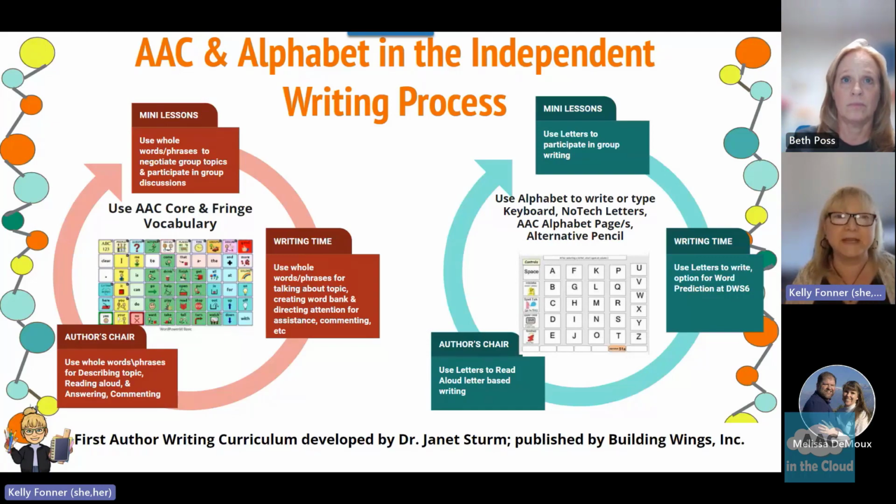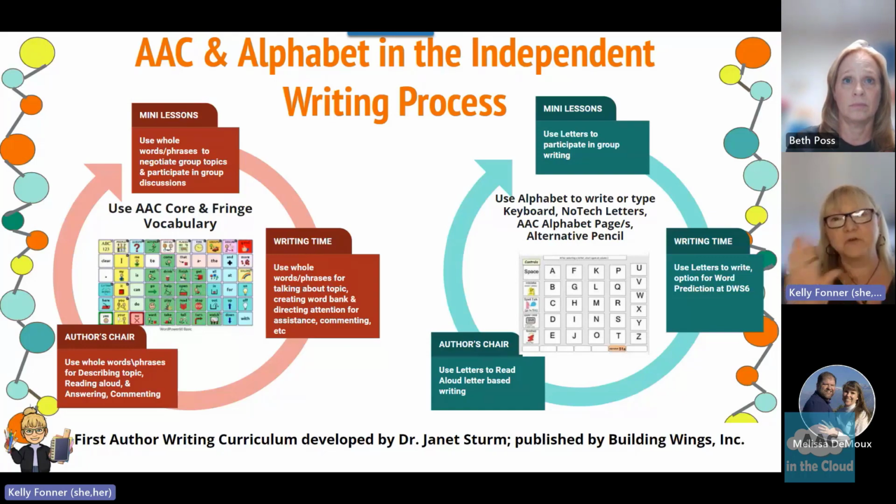But two things happen, because I want to get us in line with that connection of AAC and the alphabet in the writing process. Is that for the students that I work with, we write with both their words in their AAC system, and we write with their alphabet in their AAC system. And we might do them both in the same activity.